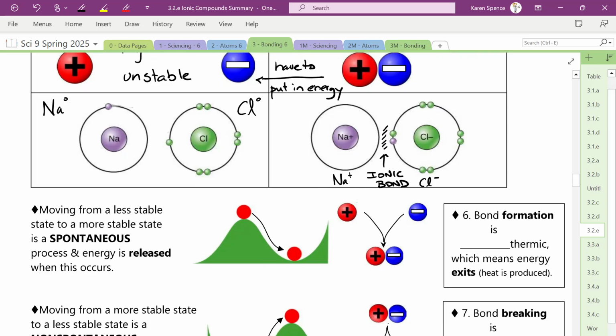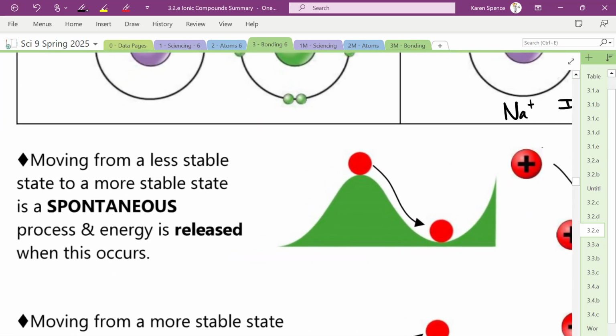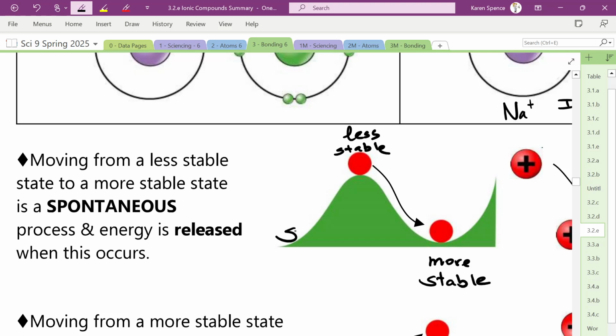So going from less stable to more stable, that is spontaneous. And energy is actually released.